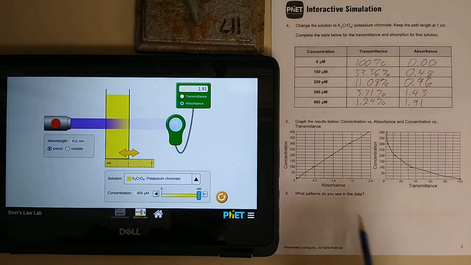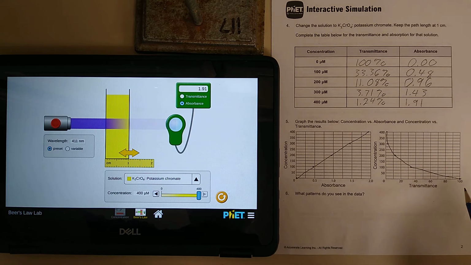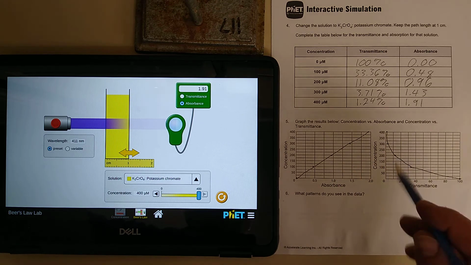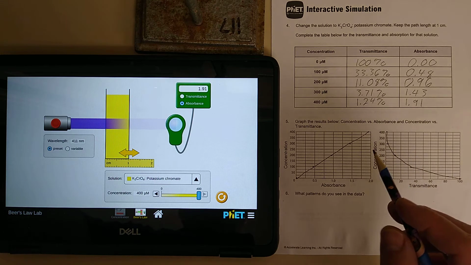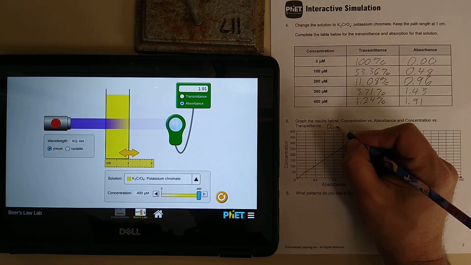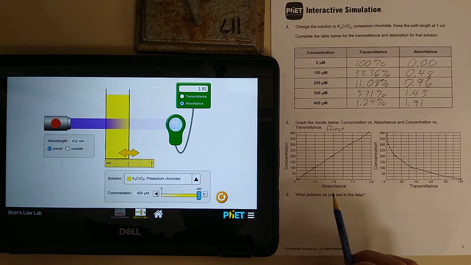All right. So here we have that nice straight line, and here we have a curve. So what does this tell you? Which one is inverse and which one's direct? Concentration has a direct relationship with absorbance.